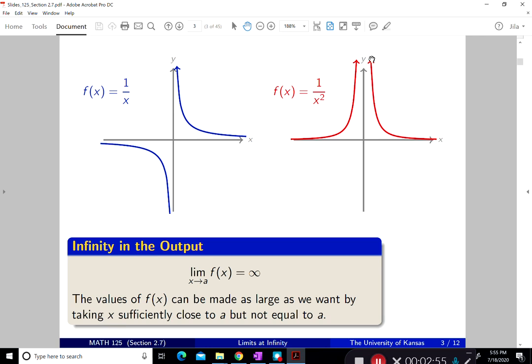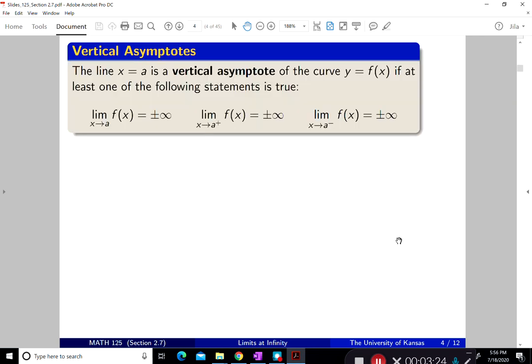The discussion is that you choose however big a y you want it to be, and then you can find an x small enough that all y values with x closer than that to 0 are going to be bigger than that amount. So you want to make it bigger and bigger after that, basically.